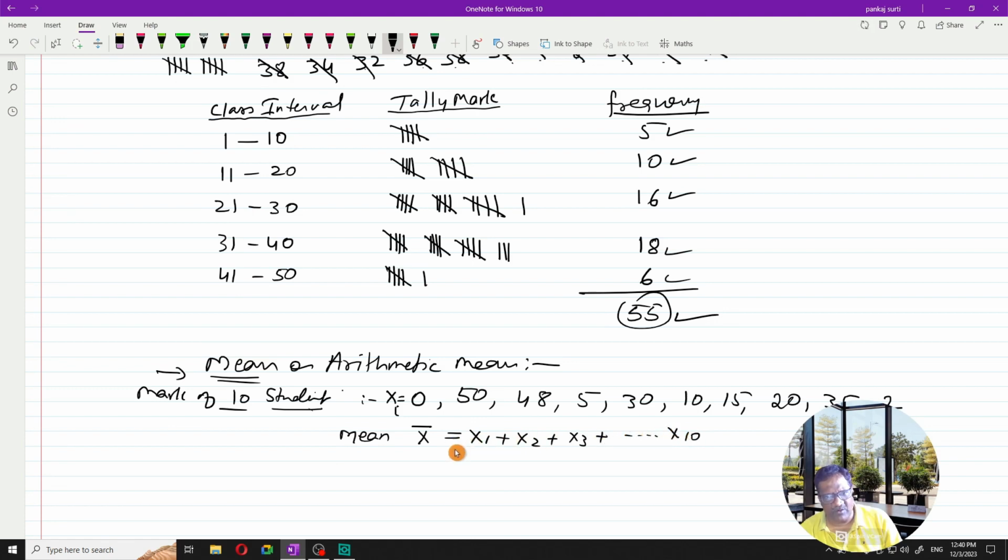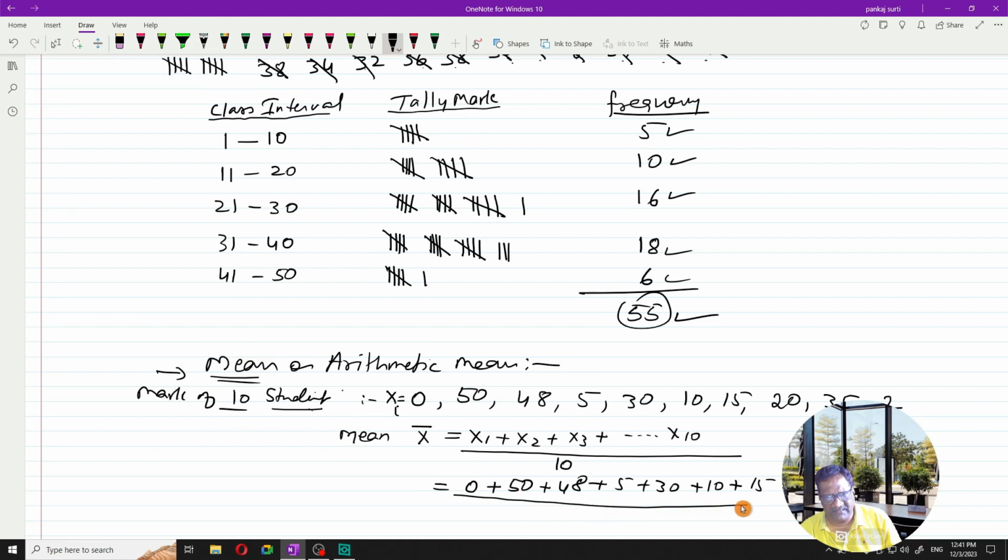You have to add all the 10 values and divide by the number of observations, which is 10. Got it? Now let us add these values: 0 plus 50 plus 48 plus 5 plus 30 plus 10 plus 15 plus 20 plus 35 plus 2. This whole thing you have to divide by 10, and whatever answer you get will be the mean.